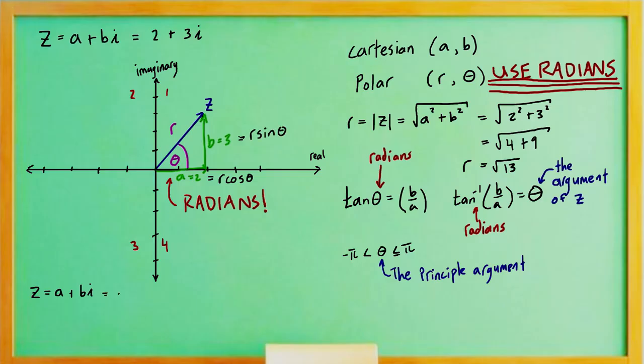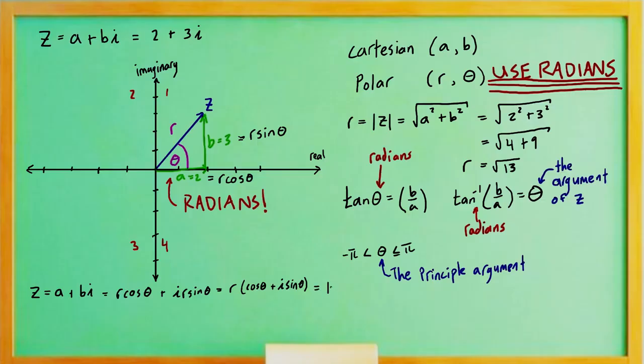So we can make this substitution here. a is r cos theta, and plus bi, so b is r sine theta times i. And it's nicer to write the i out front. What we can do is pull out the r because it's common to both terms, so we have r times cos theta plus i sine theta. And now we have it all in terms of r's and thetas.